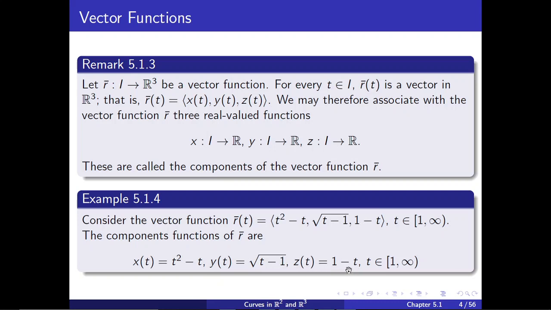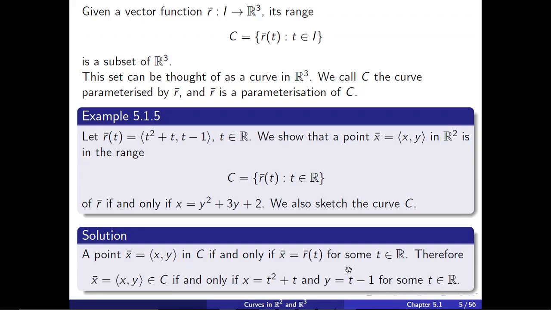And so if we are given a vector function, then its range will be a subset of R3. If it's a three-dimensional function, then its range is going to be a subset of R3.